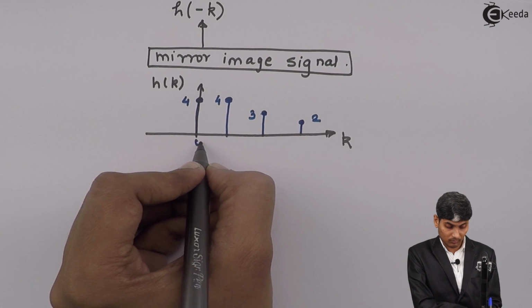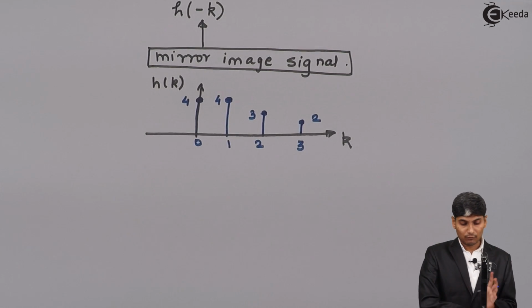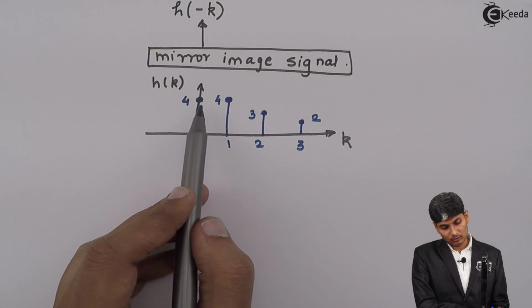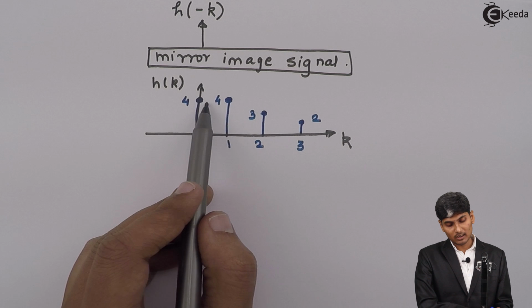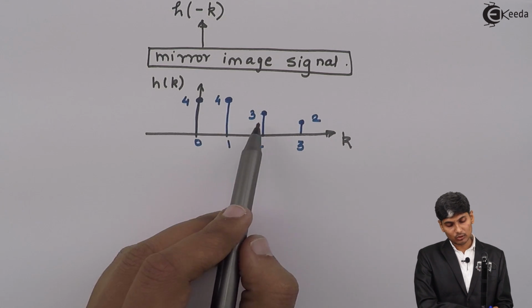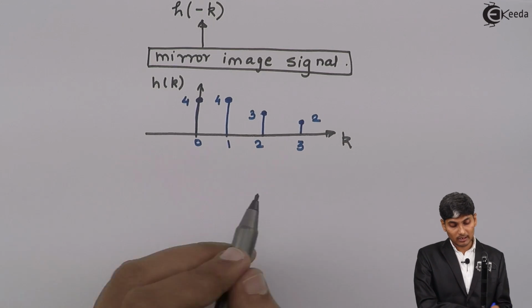So, k goes from 0, 1, 2, 3. So, I have 4 samples, n is equal to 0 or k is equal to 0, I have 4, k is equal to 1, I have 4 again, k is equal to 2, I have 3, and k is equal to 3, I have 2. How to mirror this signal?